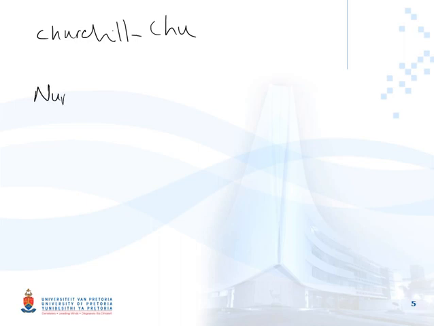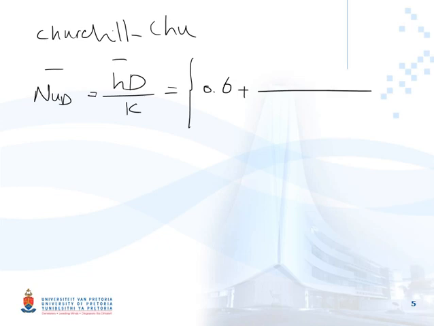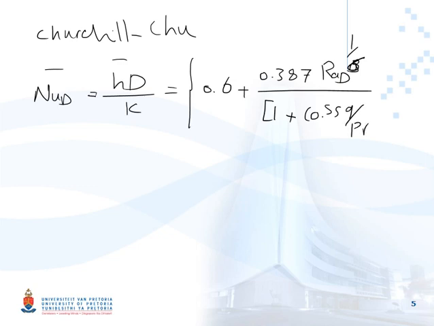Basically it says that Nusselt D, which is h D over k, is equal to 0.6 plus 0.387 Rayleigh D to the power of 1/6, divided by 1 plus (0.559 divided by Prandtl) to the power of 9/16, all to the power of 8/27, all squared.